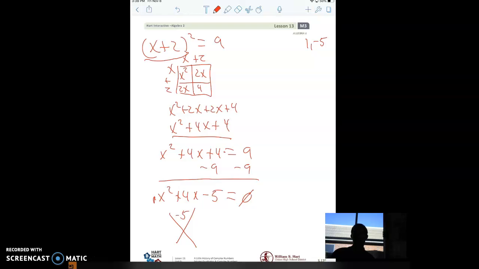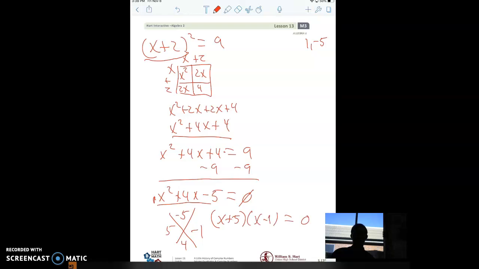The number on the bottom is a 4. I need two numbers that multiply to -5 and add up to 4, and in this case, that would be 5 and -1. So the left side factors to (x + 5)(x - 1) = 0.